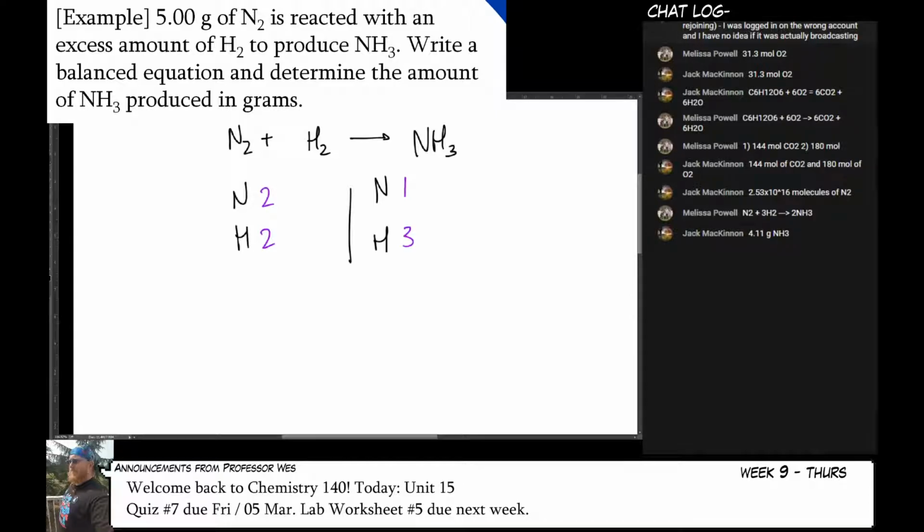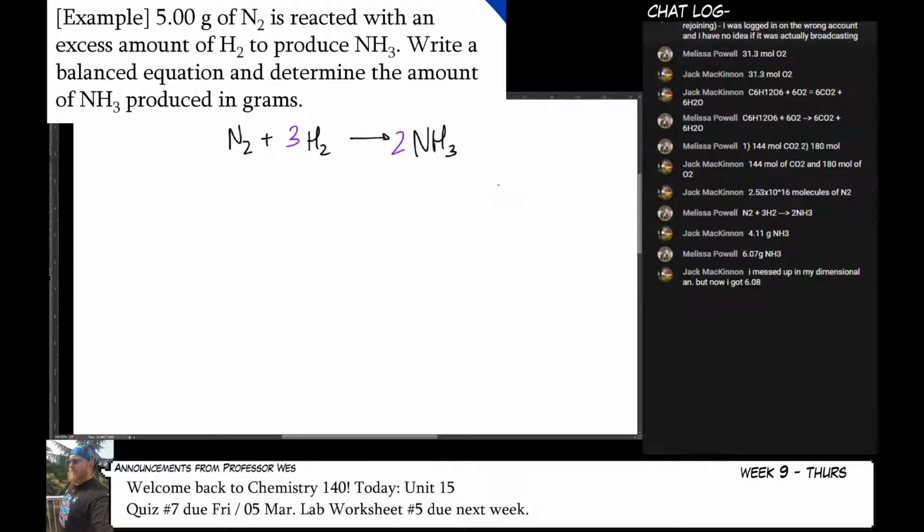First I'm going to multiply this side by 2. So I get that. And then I'm going to multiply this by 3 to get the equation. Oops, sorry, 2 times 3 is not 3. There you go. So there's our balanced equation, so that's all good. Let's clear this out.